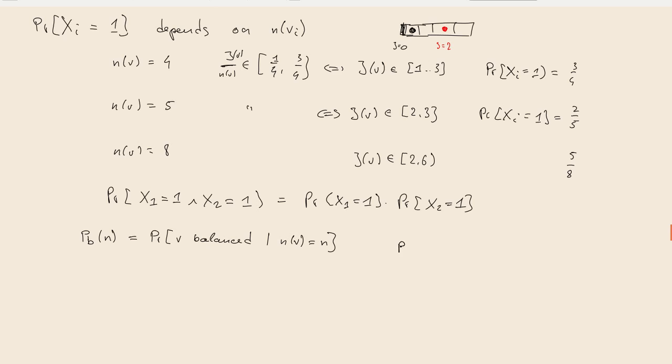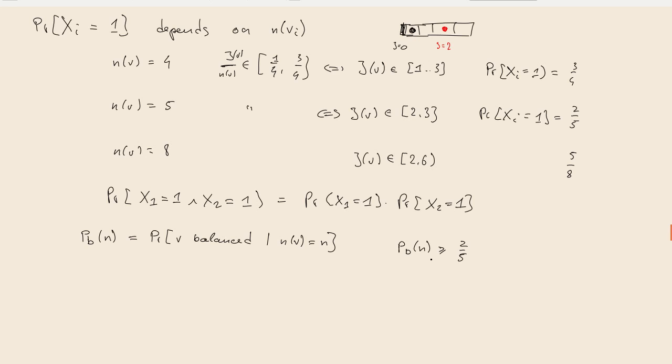And one thing you can show is that this is always at least 2 over 5, which in a sense is exactly the value that you have for n equals 5. And then for all others, you can check that it's actually larger. In fact, it's clear if you ever increase n, then the discretization effects become smaller and smaller.